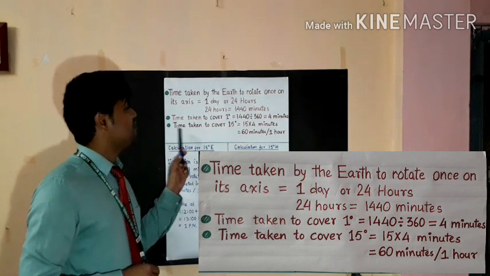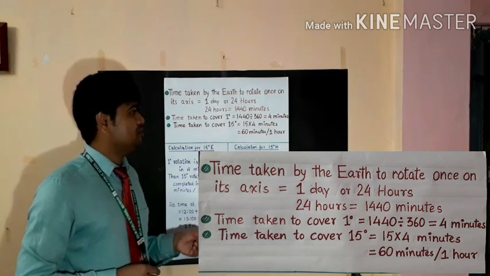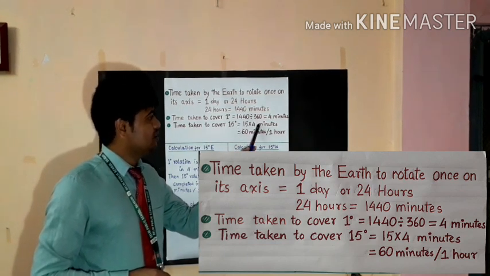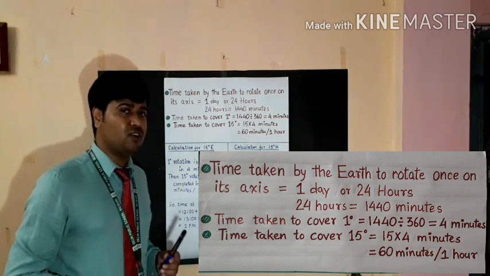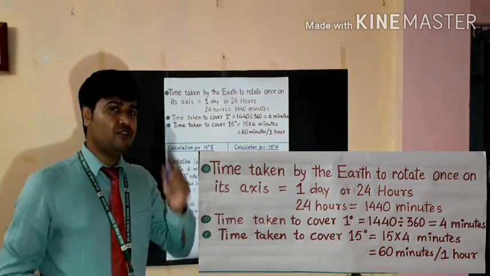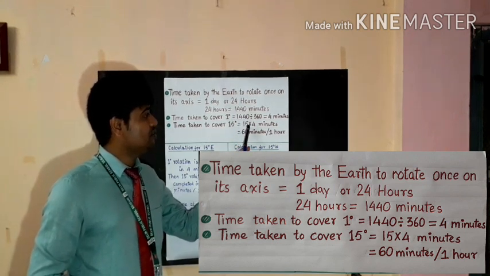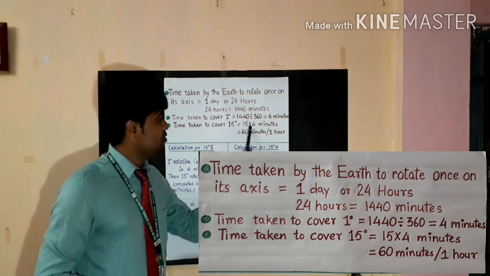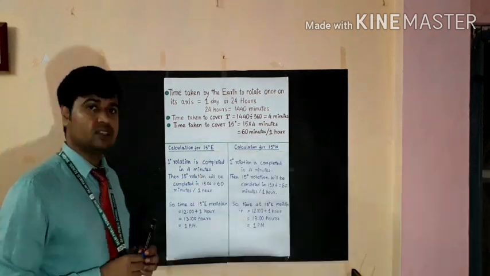Then the time taken to cover 15-degree longitude is 15 multiplied by 4, because for 1 degree we need 4 minutes. Then for 15 degrees we need 15 into 4, so 60 minutes. That means 1 hour.